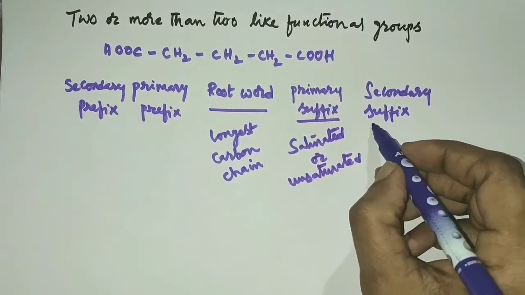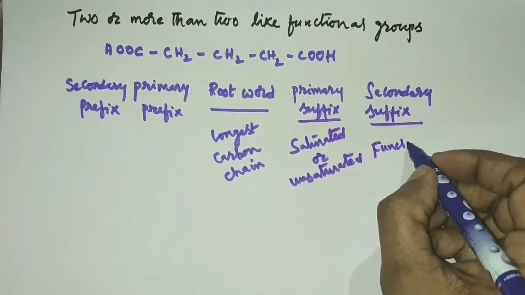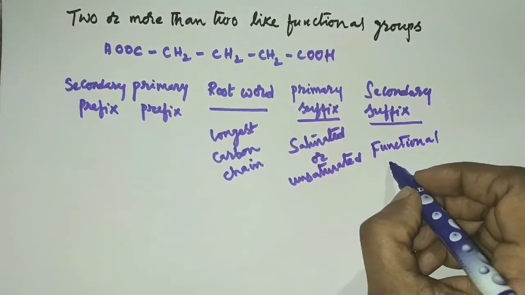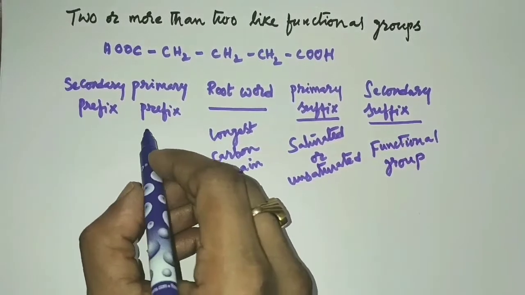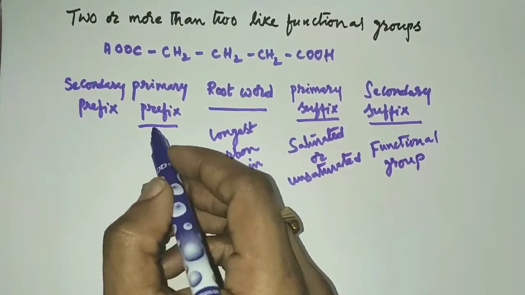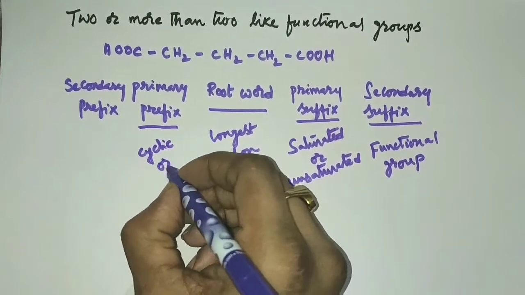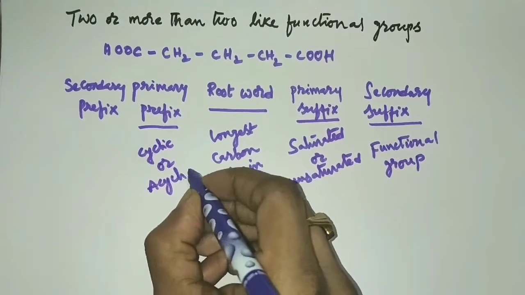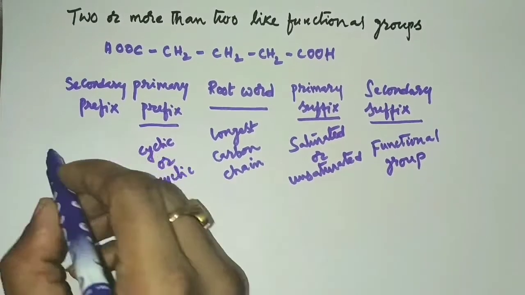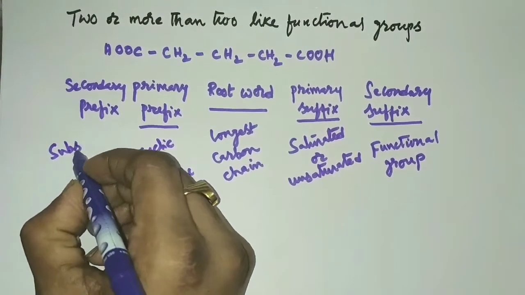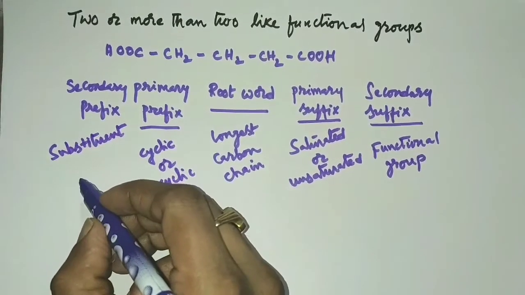Secondary suffix of the compound depends on the functional group. Primary prefix indicates whether the compound is cyclic or acyclic, and secondary prefix indicates the name of substituent present in the organic compound.